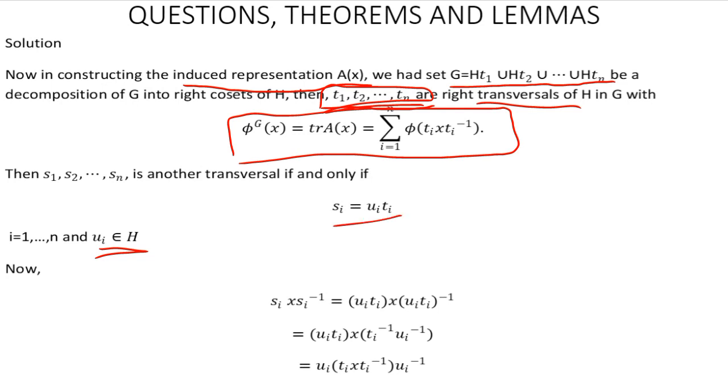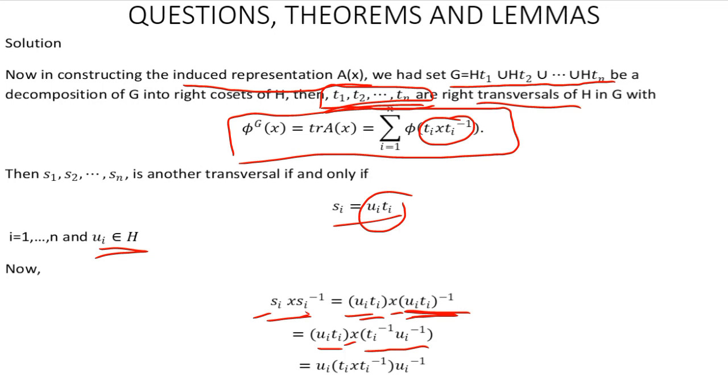So if S can be written this way, and we want to write it in our induced matrix, it's going to take this form. Wherever we see Si and Si inverse, we just substitute Ui Ti, as you can see substituted right there. This term remains as it is, and the x still remains the same. But remember, Ui Ti inverse becomes Ti inverse Ui inverse.